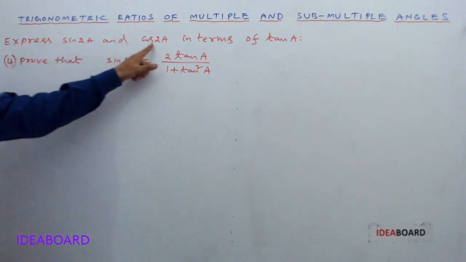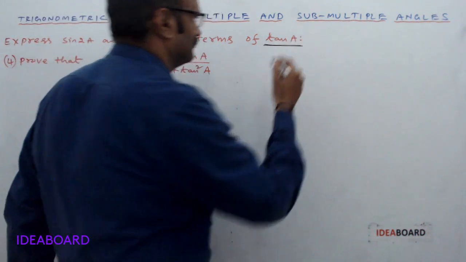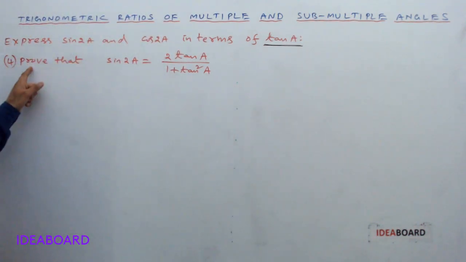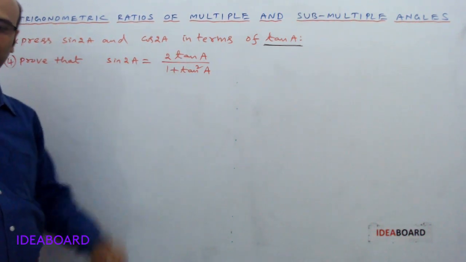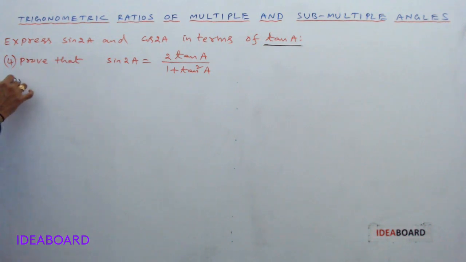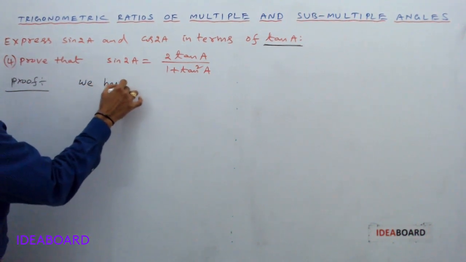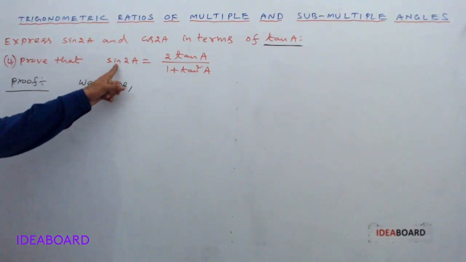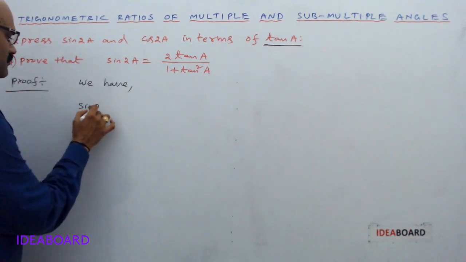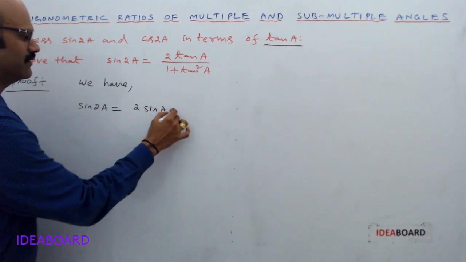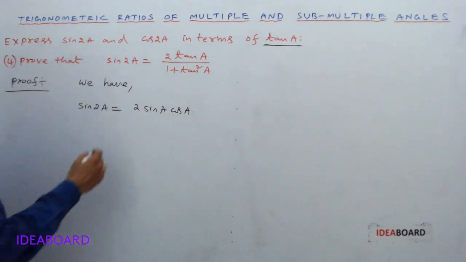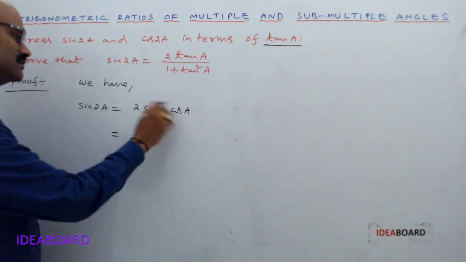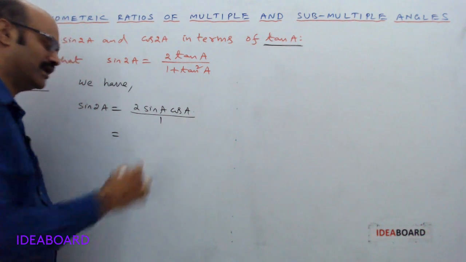Express sin 2A and cos 2A in terms of tan A. Prove that sin 2A equal to 2 tan A by 1 plus tan square A. Proof. We have sin 2A equal to 2 sin A cos A. This can be taken as 2 sin A cos A by 1.